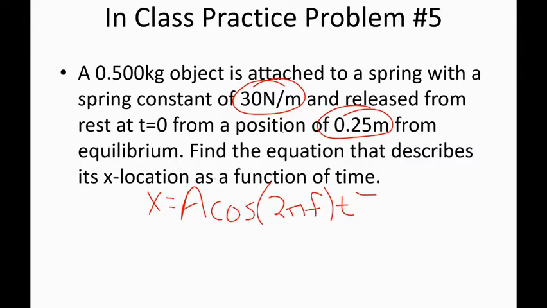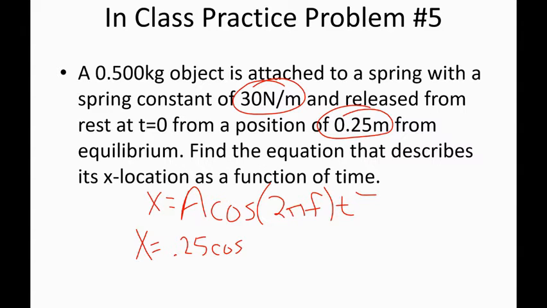So what is your amplitude? Your amplitude is 0.25. So x equals 0.25 cosine, and then 2 pi times frequency. We don't know what our frequency is, and that's what we have to solve for.